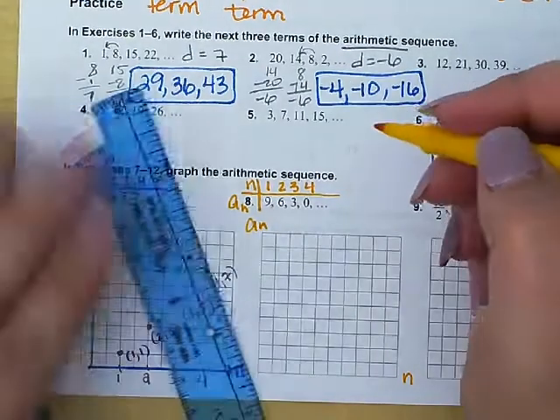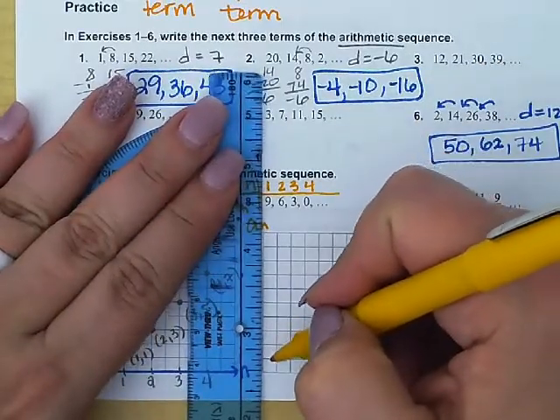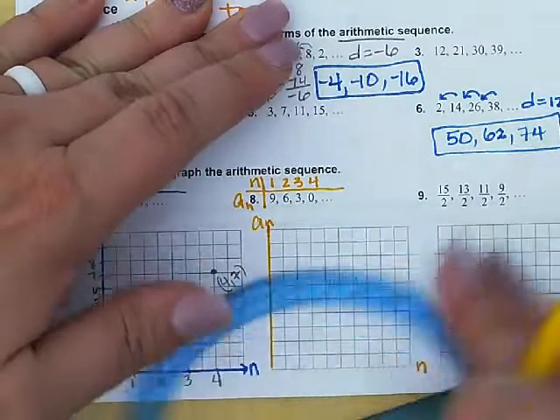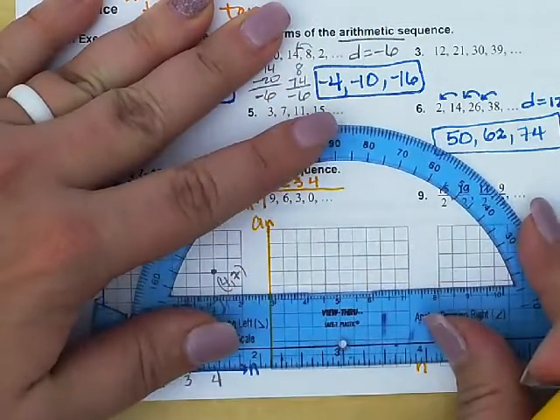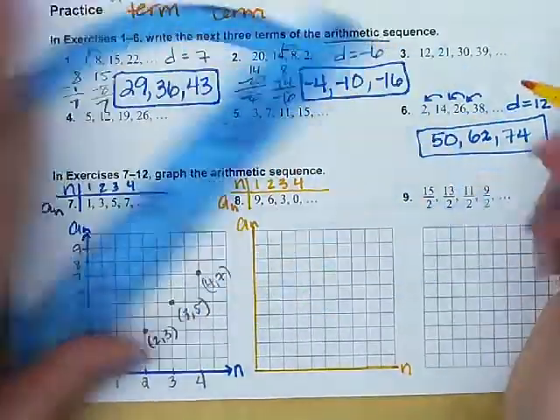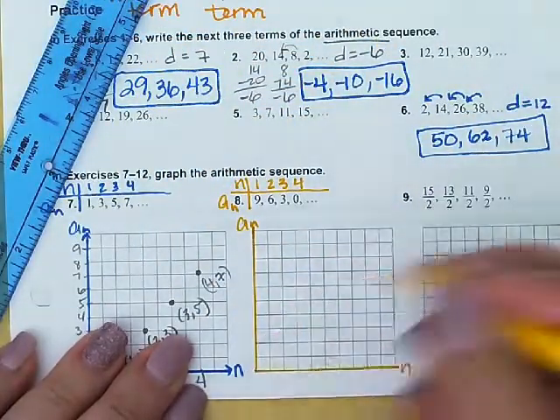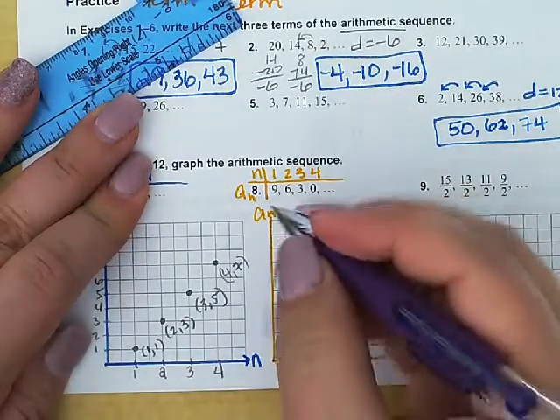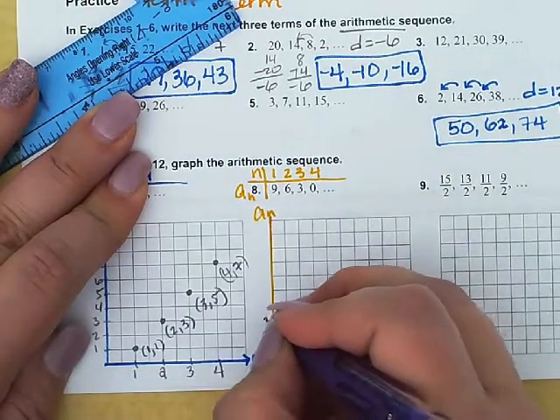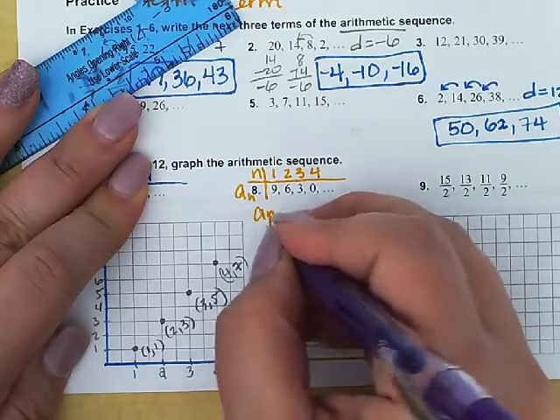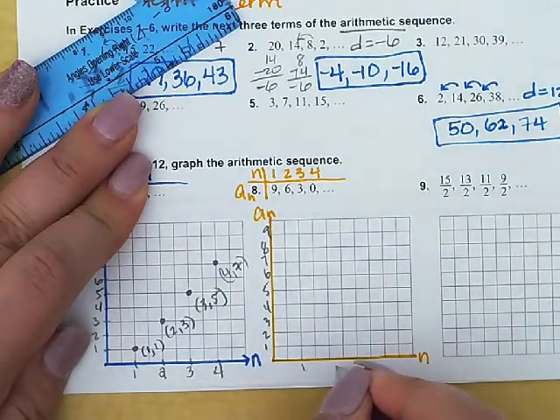And again, at least the ones that we're plotting right now are all positive or 0, so I'm going to stick with this positive axis. Then let's go ahead and graph these. I'm going to do the same thing I did on the other one. I'm going to go by ones here, and I'll go by 2s here just because there's not that many.